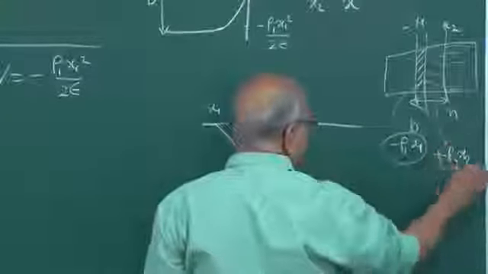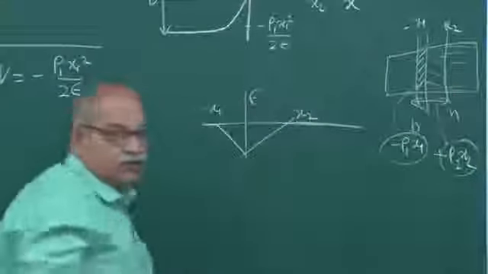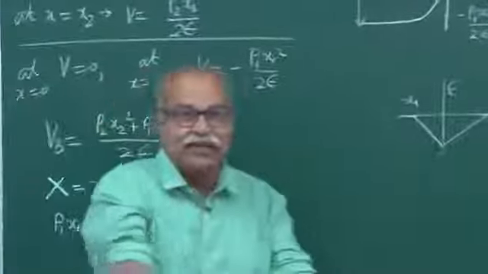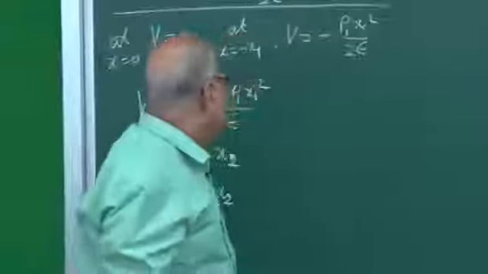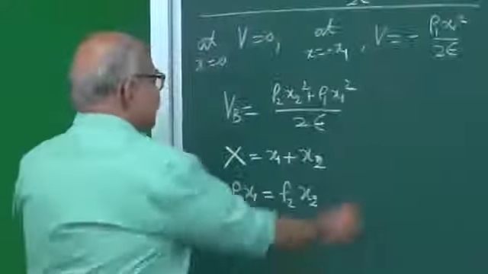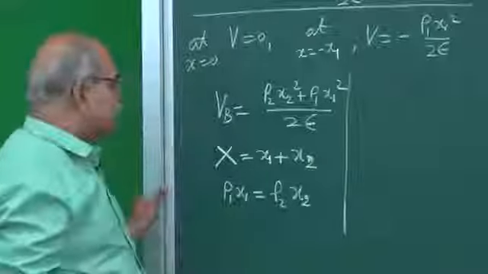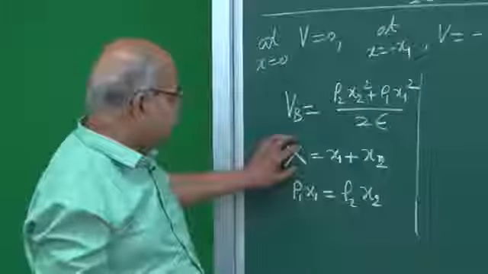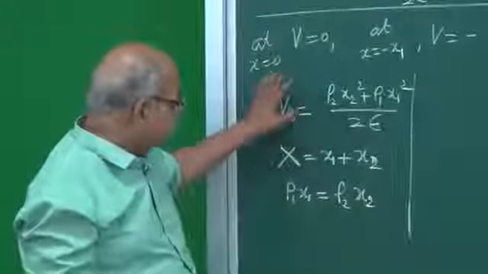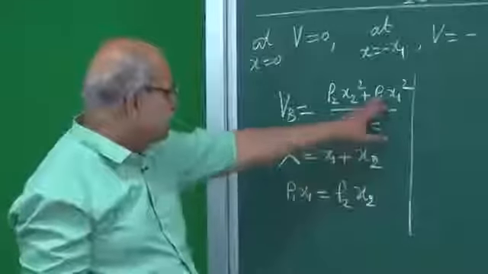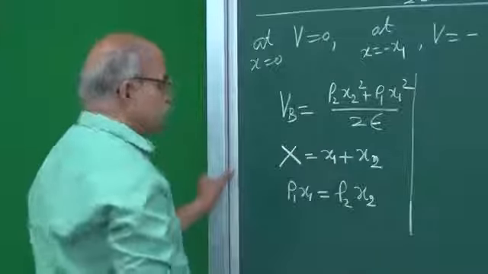And since this total should be 0, after all we have not put any charge in this material, so this relation. From these we can write capital X in terms of VB, rho 1, rho 2, eliminating x1 and x2.